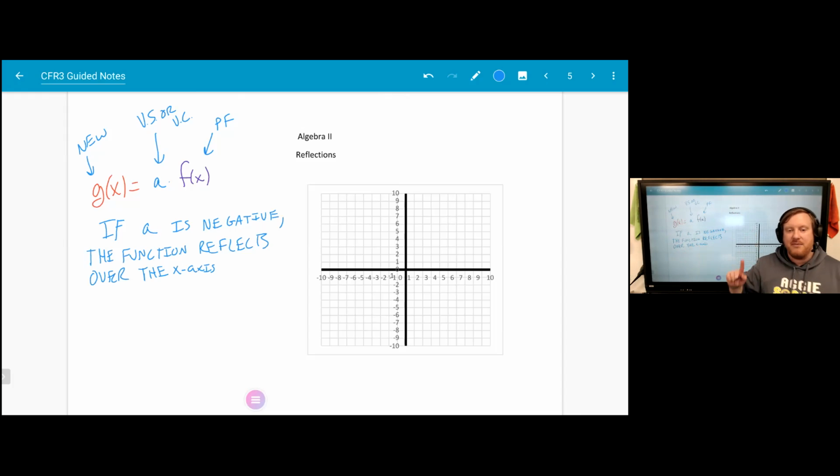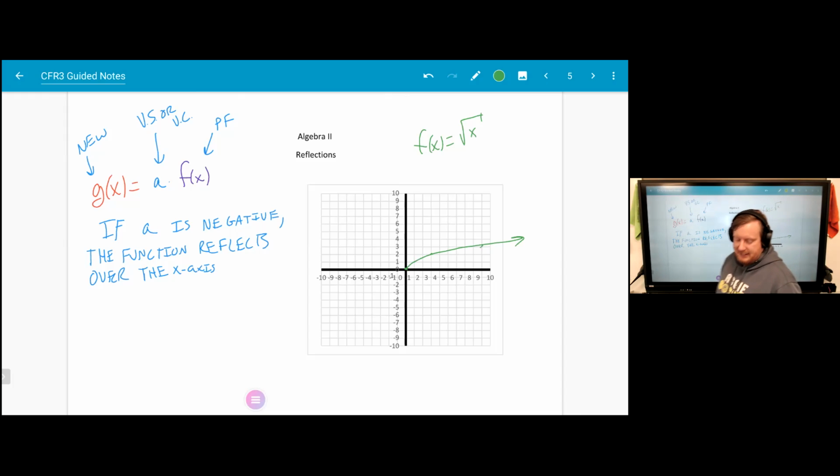I'm going to use a different parent function this time: the square root of x. That looks like this: 0, 0, 1, 1, 4, 2, and 9, 3. It's going to be a little easier to see some of these things.